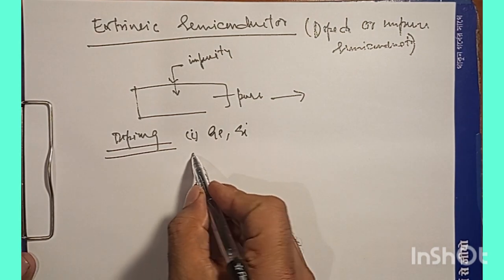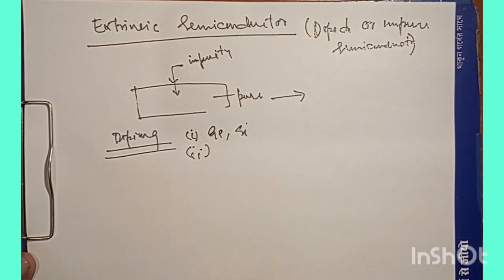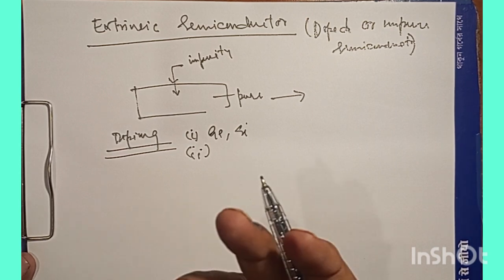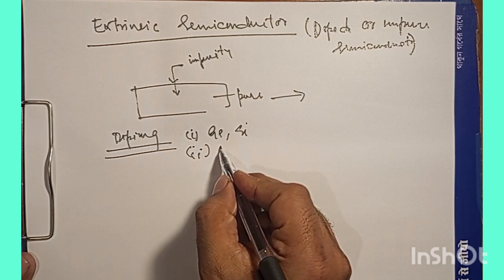There can be another way: the impurity atoms can also be added into the intrinsic semiconductor by heating it in an environment having impurity.